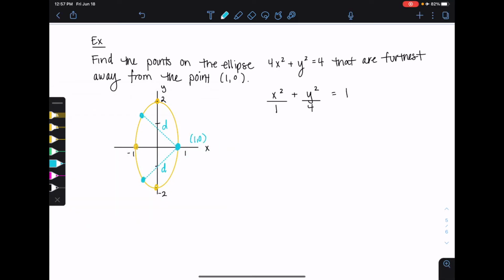So my goal is to maximize the distance d, which is the distance from (1, 0) to this arbitrary point (x, y). So let's write that out. Our goal is to maximize the distance d.